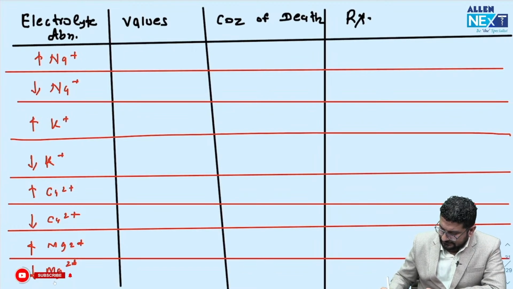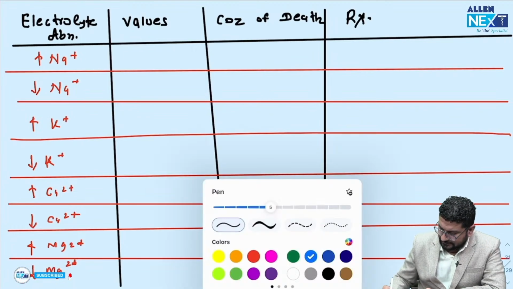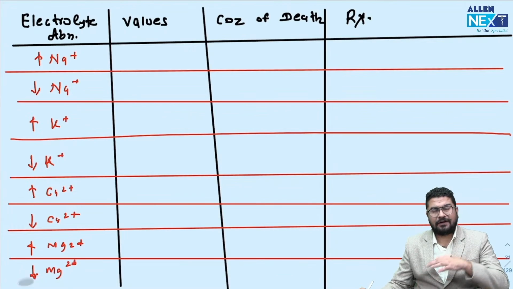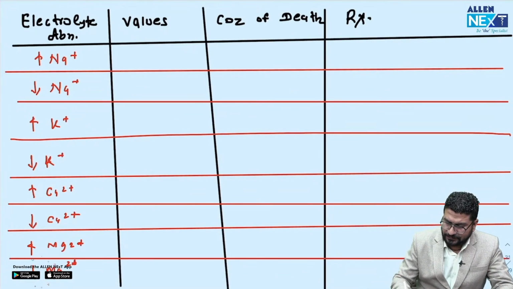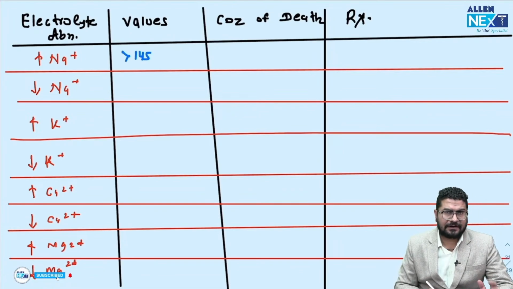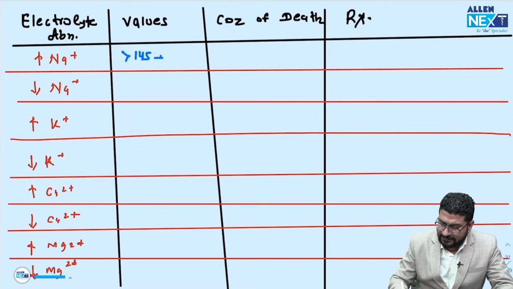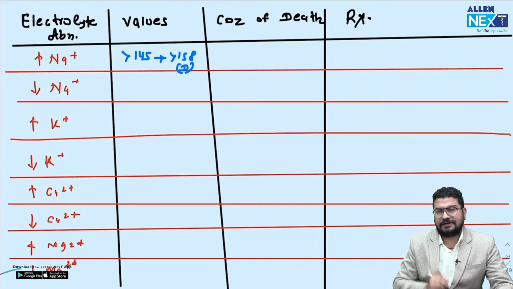So just try to understand this first. If I start our discussion with normal values: when will you label something as hypernatremia? You will call hypernatremia when sodium values are more than 145. The normal value is 135 to 145, and when this value is more than 158, we call this D, where D means dangerous.